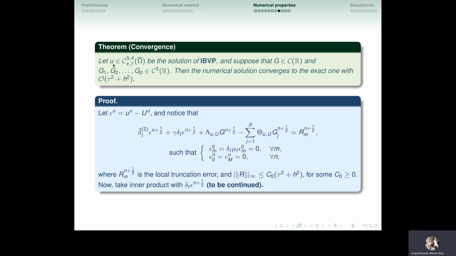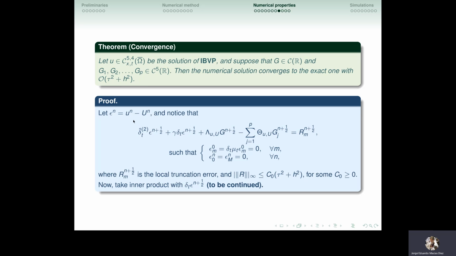For convergence, we need to assume that the solution u of the initial boundary value problem is sufficiently regular and that the functions g are also sufficiently smooth. Then the numerical solution converges to the exact solution with convergence rate equal to 2 in both space and time.